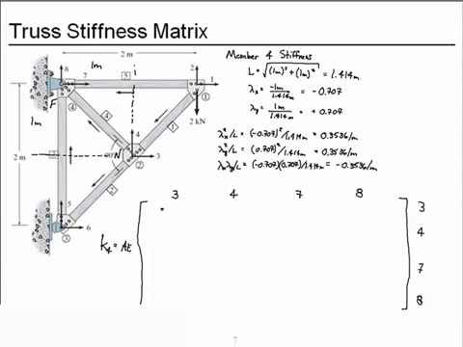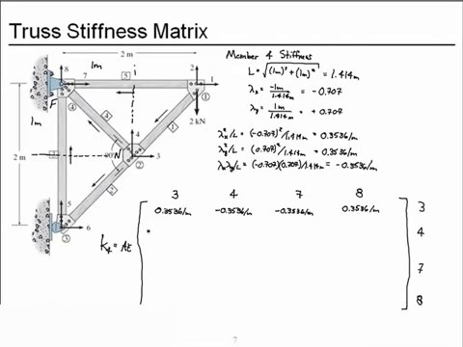So lambda x squared divided by L, 0.3536 per meter. Lambda x lambda y divided by L, a negative 0.3536 per meter. Negative lambda x squared, and a negative lambda x lambda y over L gives me a positive coefficient, 0.3536 per meter.